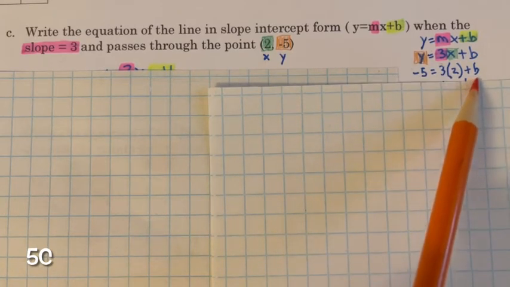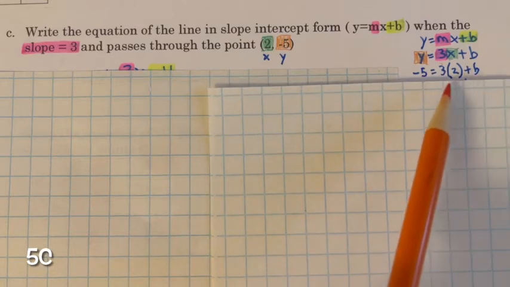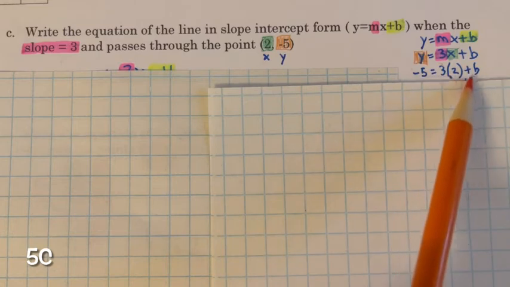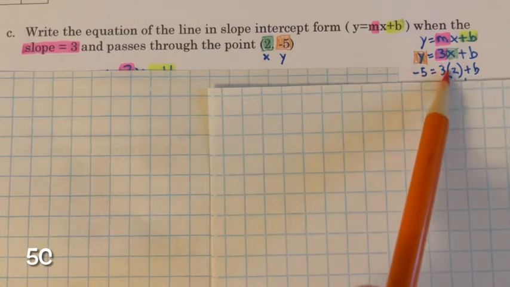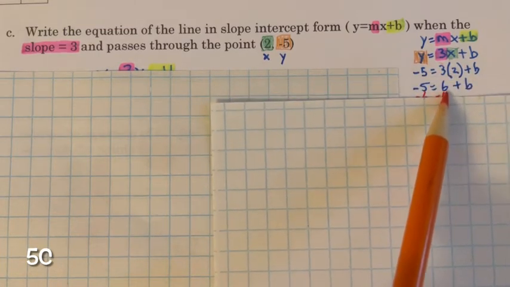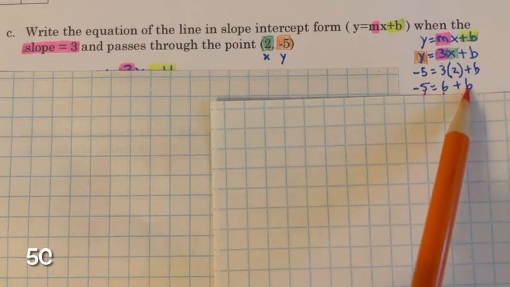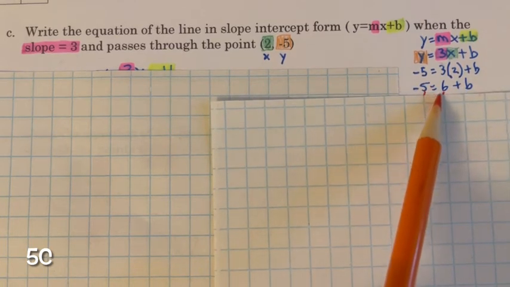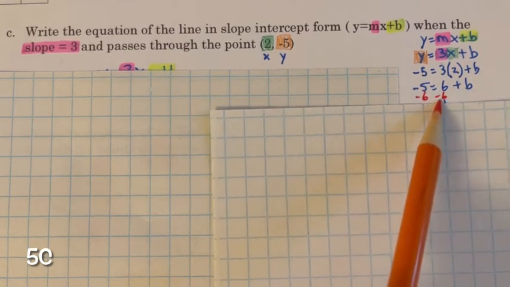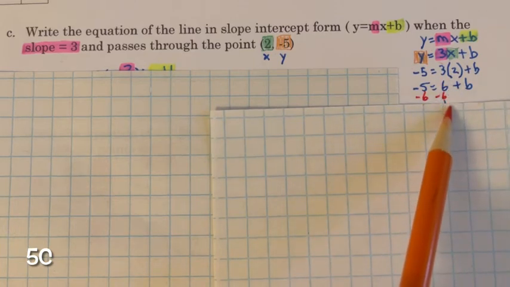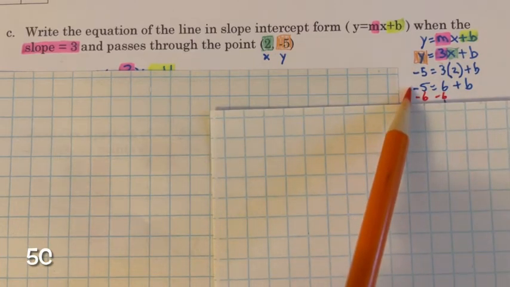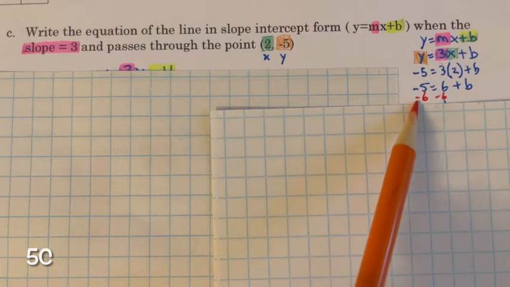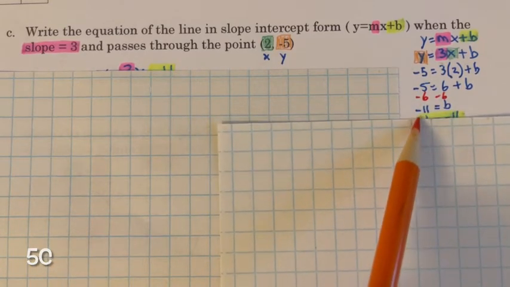Now we can solve for b. That's the only variable or unknown we have. So now we simplify this equation and solve for b. 3 times 2 is 6. Still don't have b by itself. Inverse property of addition is subtraction, so we're going to subtract 6 from both sides, creating a 0 pair. -5 and -6 equals -11.